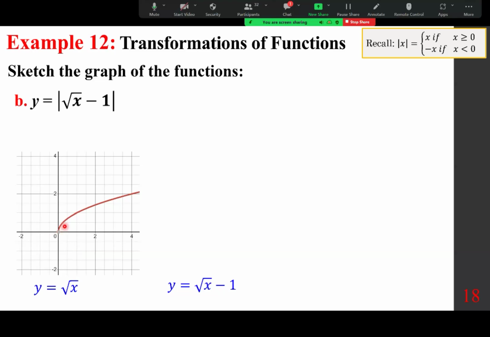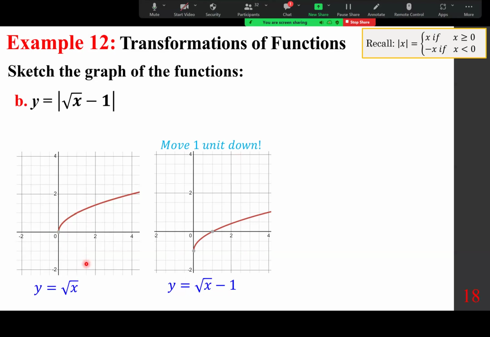So 0, 0, for example, becomes 0, negative 1. And 1, 1 becomes 1, 0, as an example.